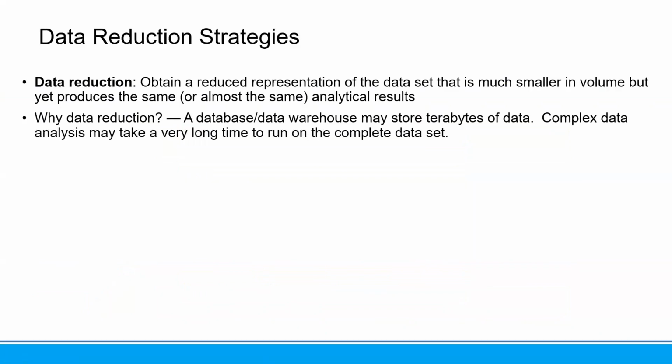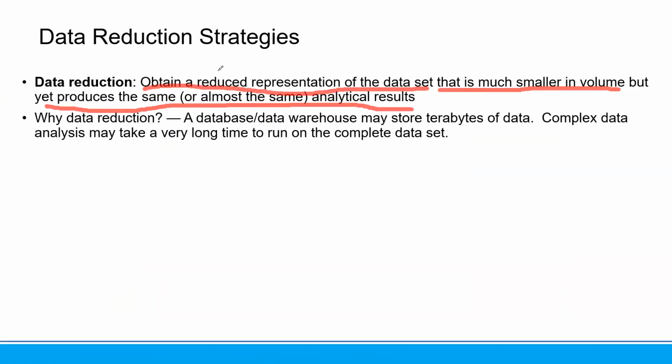We call data reduction because we want to obtain a reduced representation of the data set that is much smaller in volume, but yet produce the same or almost the same analytical results.